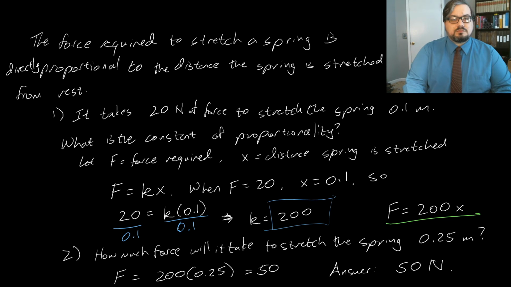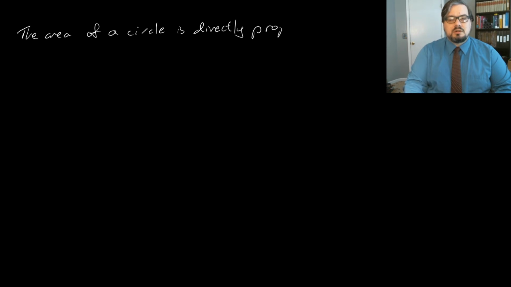So we might have something like the following. The area of a circle is directly proportional to the square of its radius.